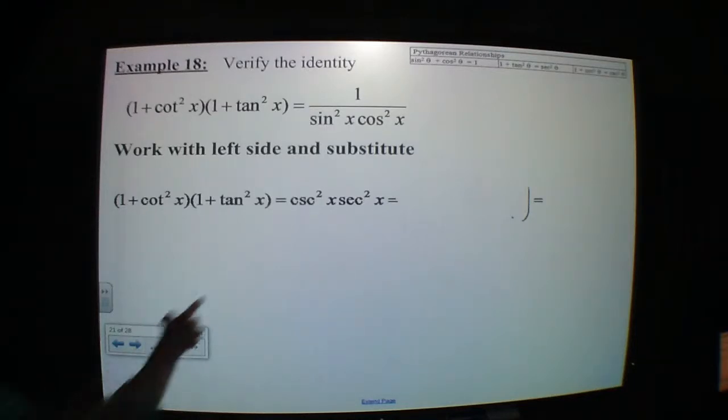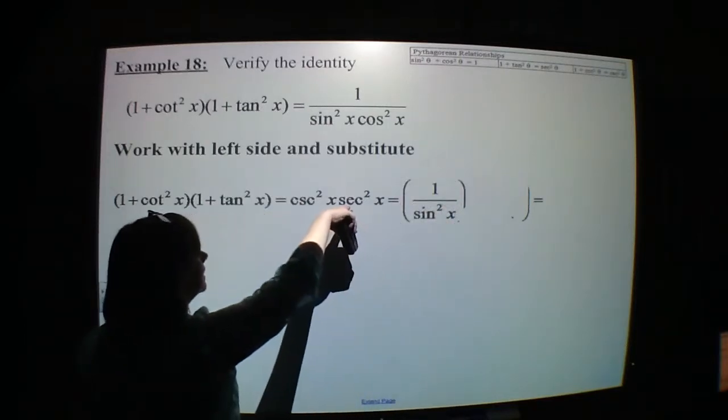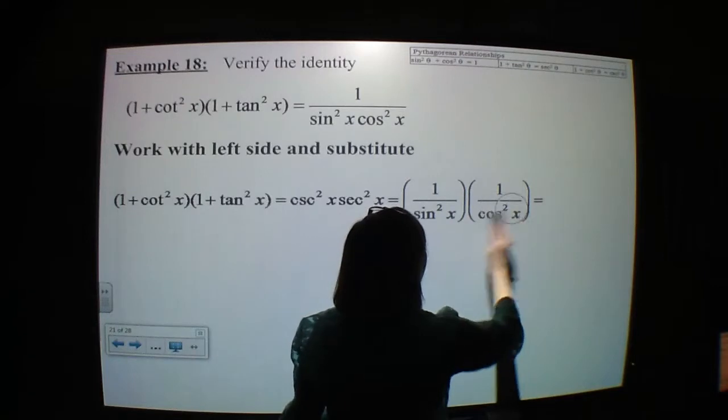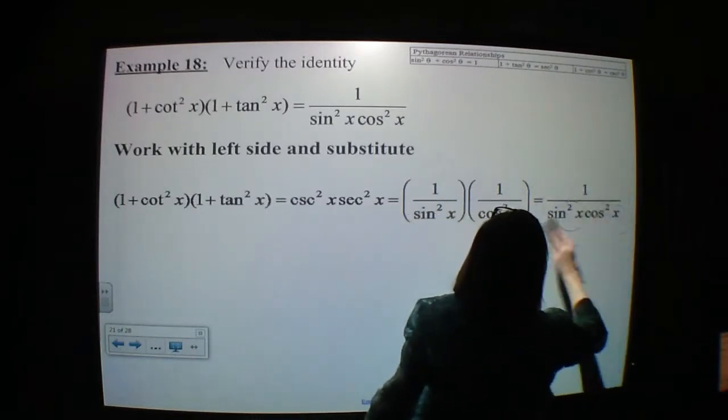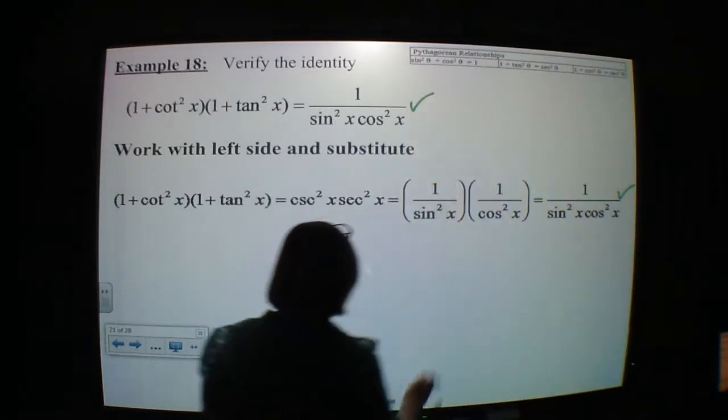Cosecant is the reciprocal of sine, so this is 1 over sine squared. Secant is reciprocal of cosine, so this is 1 over cosine squared. Done.